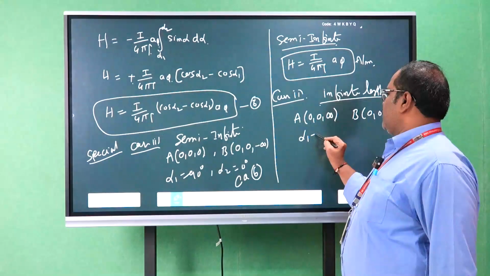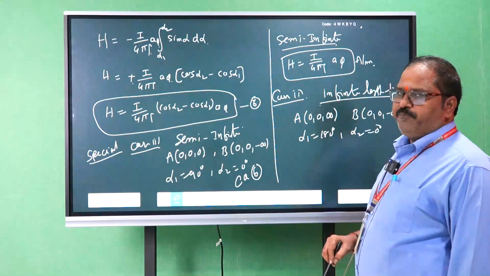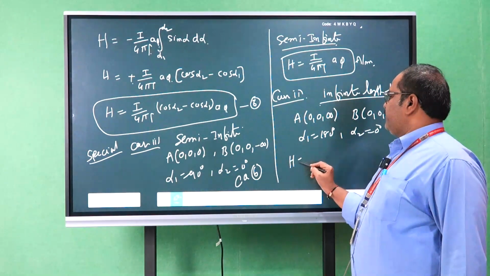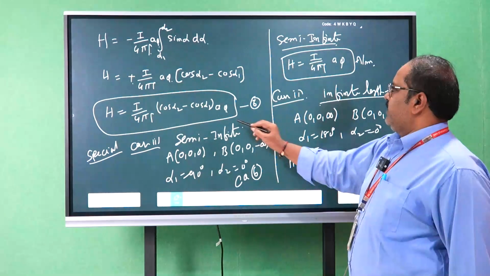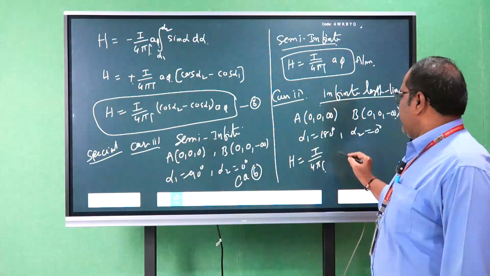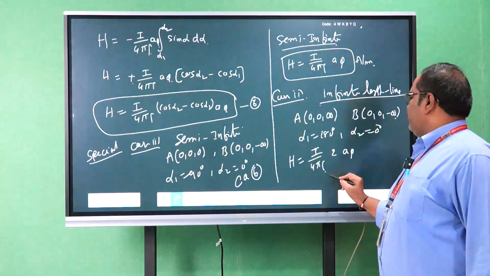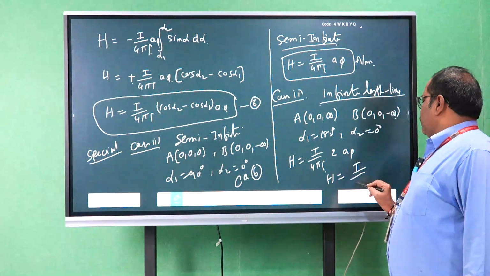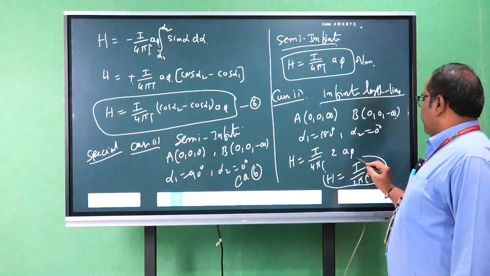Therefore, alpha 1 is equal to 180 degrees and alpha 2 is equal to 0 degrees. Substituting into equation number 6, the magnetic field intensity H is equal to I by 4 pi rho, cos alpha 2, where alpha 2 is 0, minus cos alpha 1, where alpha 1 is 180, which gives 2 a phi. Therefore, the resultant magnetic field intensity H is equal to I by 2 pi rho a phi ampere per meter.